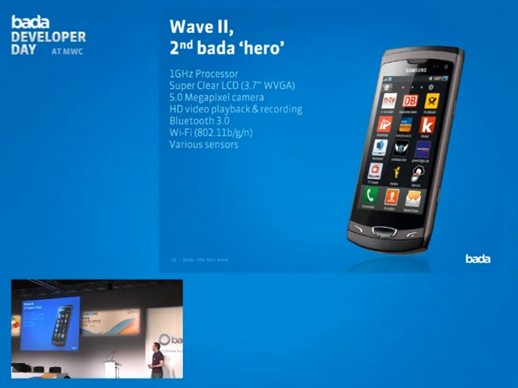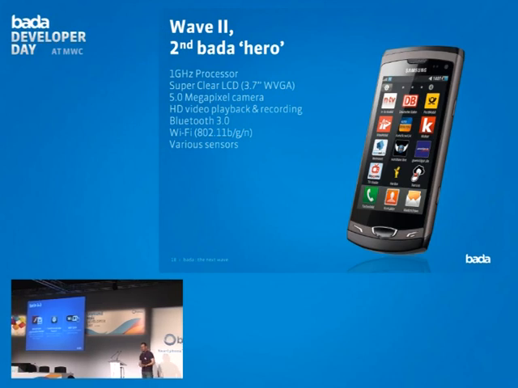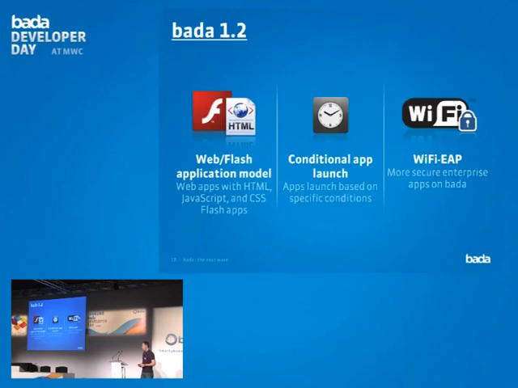Some more additions in this SDK 1.2 are that we now also support a web and Flash-based application model. So you can use our IDE, just go through the project creation wizard, and that basically does everything for you to create the skeleton in terms of a bada application, which allows you then to integrate your web or Flash logic.